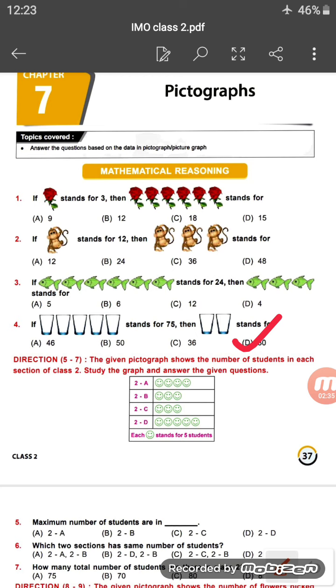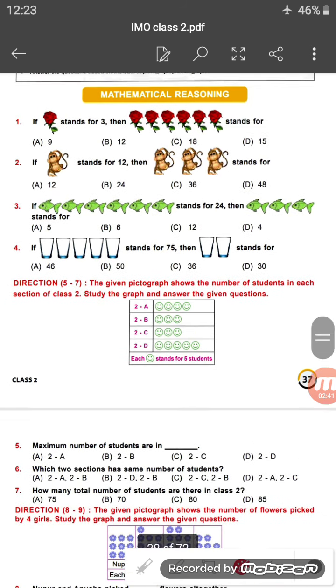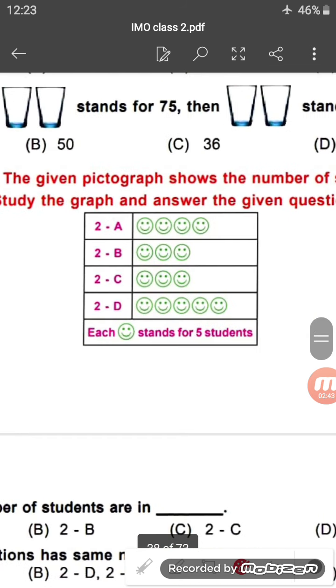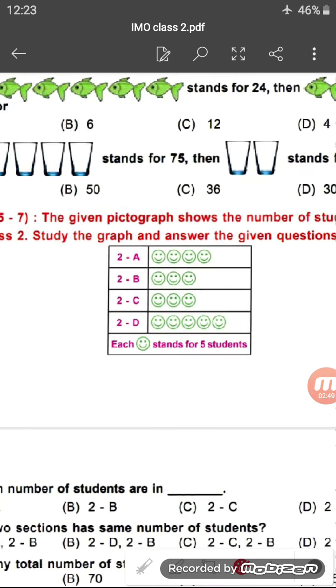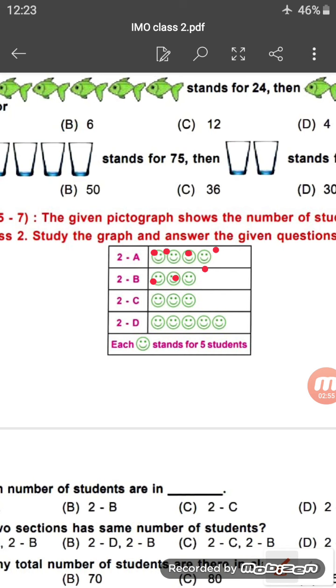Direction: maximum number of students. The picture given shows the number of students in each section. Study the graph and answer the following questions. 2A has 1 2 3 4, 2B has 1 2 3, 2C has 1 2 3, and 2D has 1 2 3 4 5.